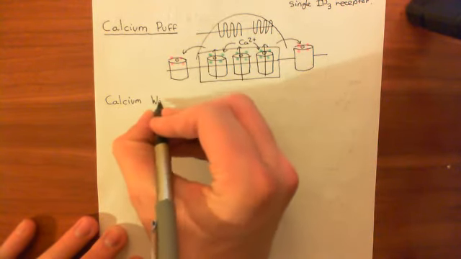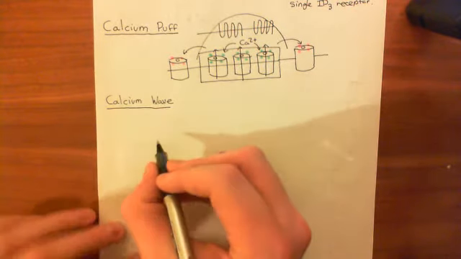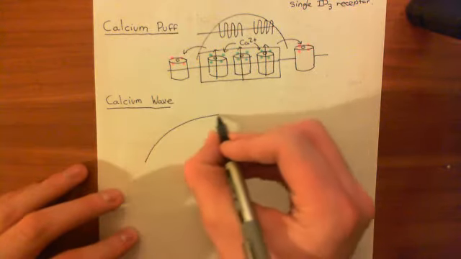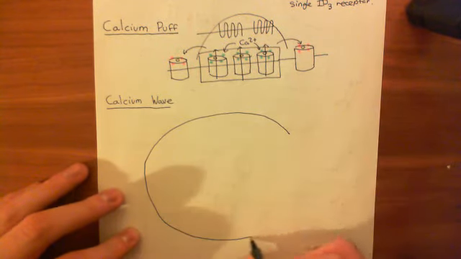So, calcium wave. Basically what happens is, if we draw a picture of a whole cell, because this time it really is a whole cell calcium signal that's going to occur.